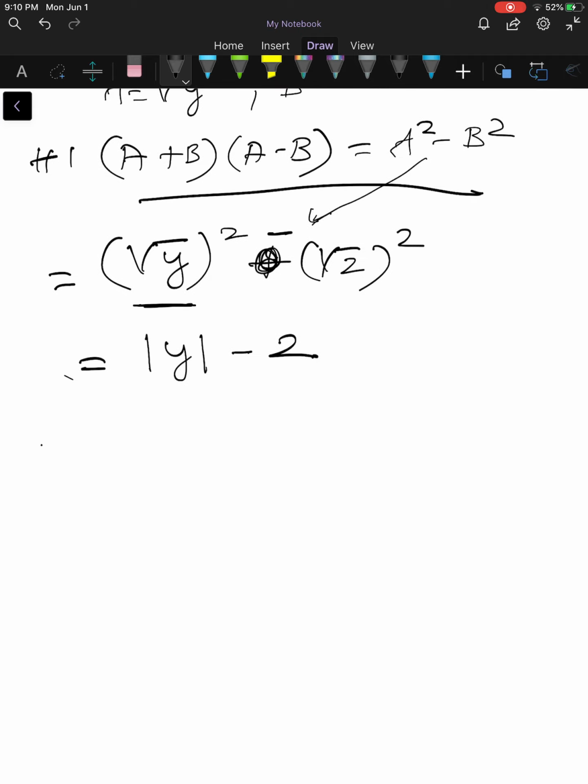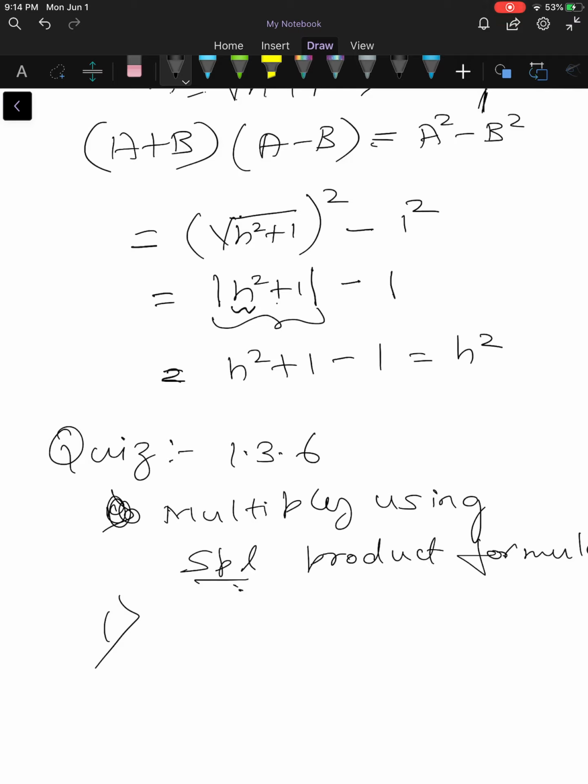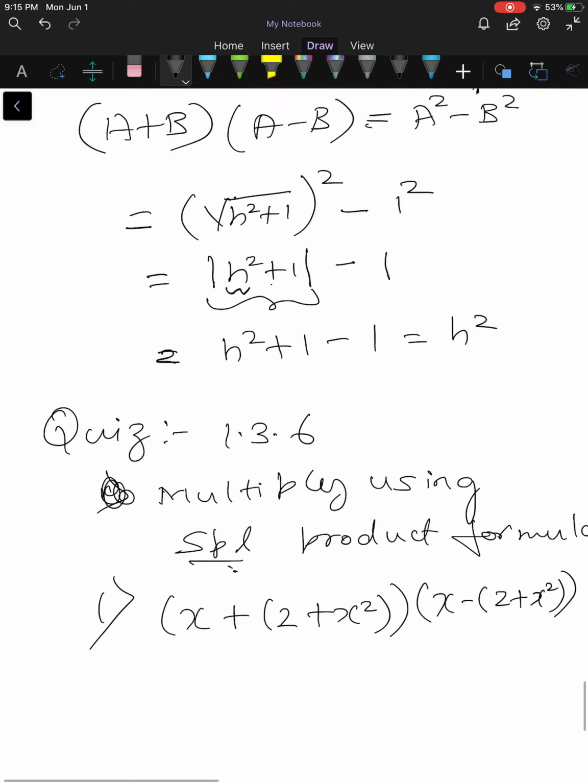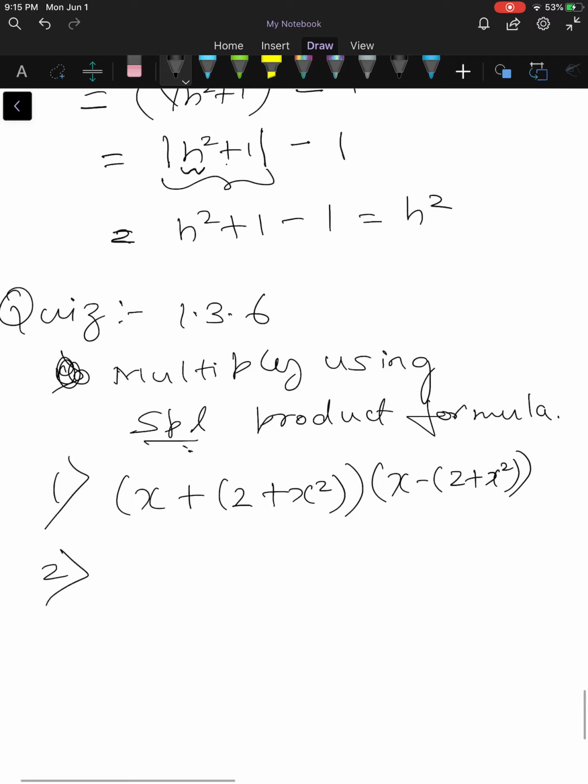First one, it is x plus of 2 plus x square times x minus of 2 plus x square. This is same as the above example, but your b value is a binomial here.